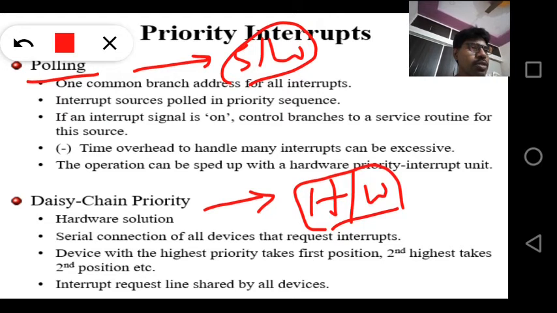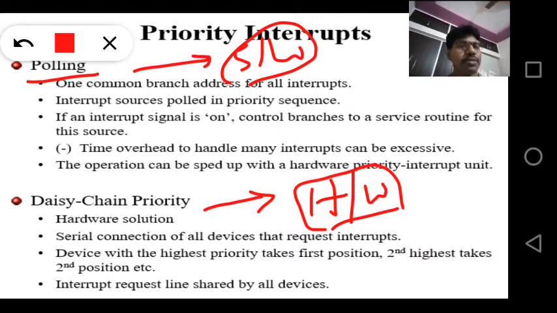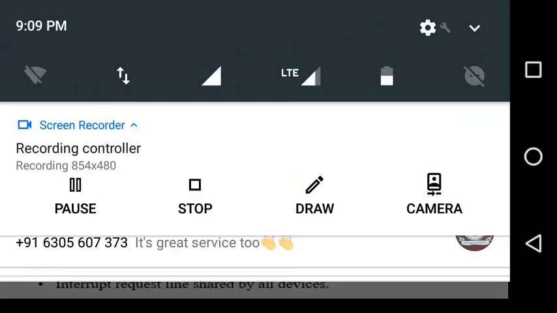But the problem is the processor is busy, and the overhead to handle many interrupts can be excessive. The operation can be sped up with a hardware priority interrupt. So polling means the processor has to poll each device controller.